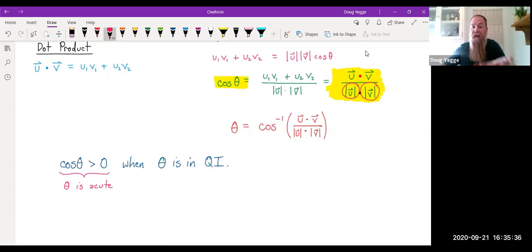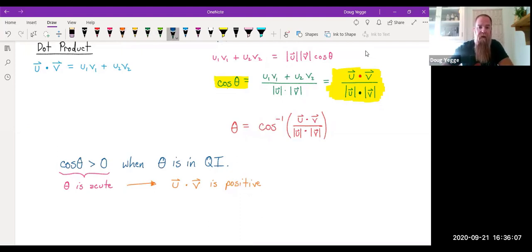So since those are lengths of vectors, they're always positive. So the only thing we really have to take a look at is the dot product. So what that also implies is that theta is acute when the dot product is positive. So the dot product actually alone tells us something interesting about the angle between vectors.